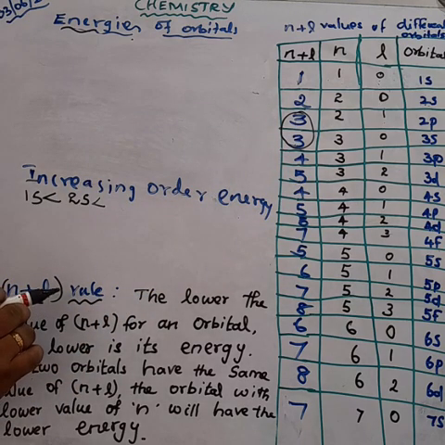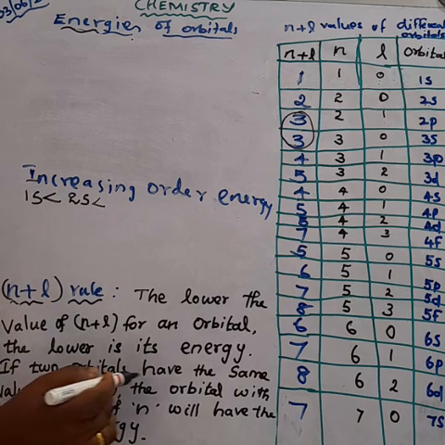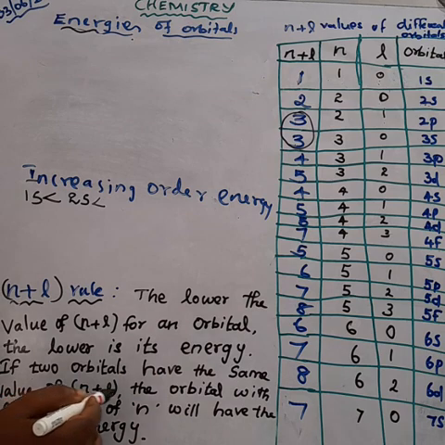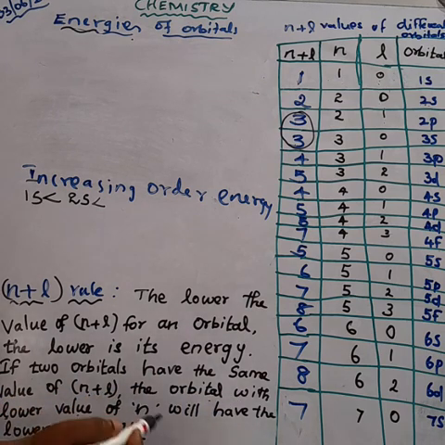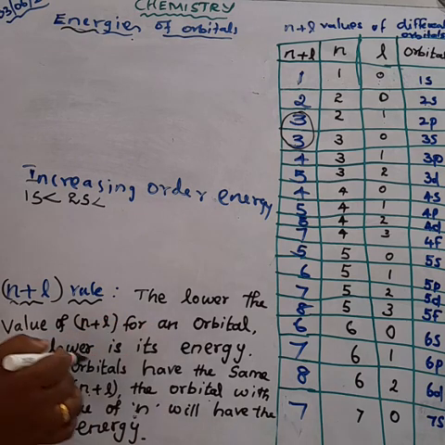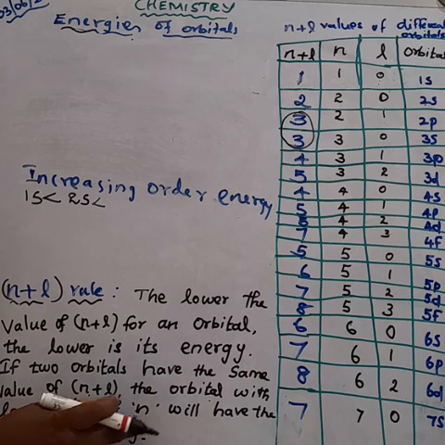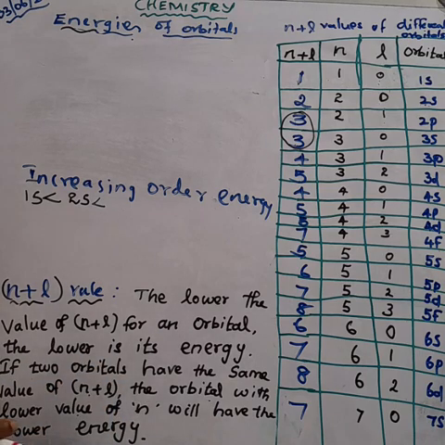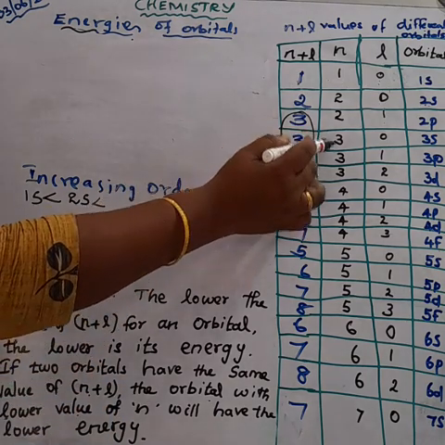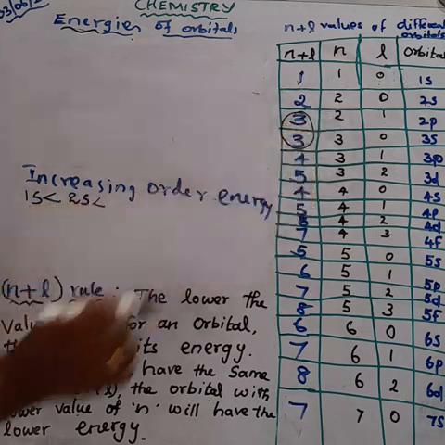So if two orbitals have the same n plus l value, we take the orbital with the lower value of n. Suppose n plus l value is the same, we take the lower n value. Which one is the lower n value between these two? We take that first.